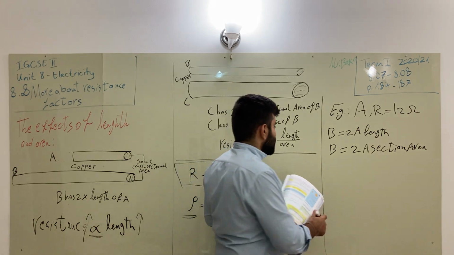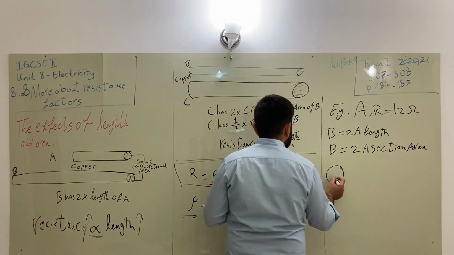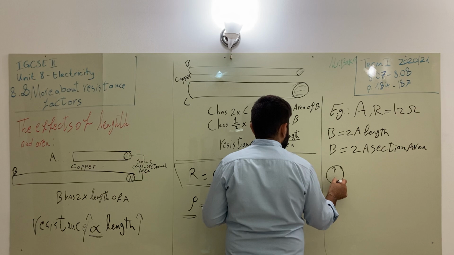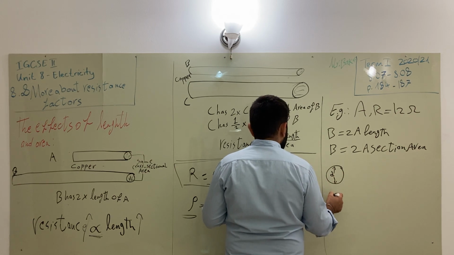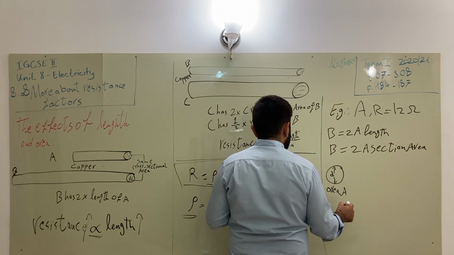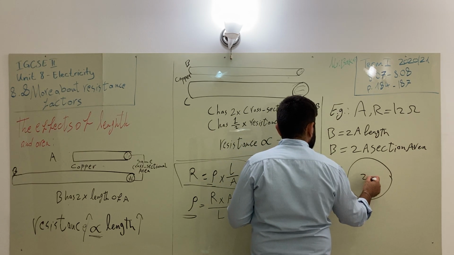Why? Let's see why. If I have here a circle, with diameter D, this is area A. But if I have double, 2D from here to here, it's 4A.